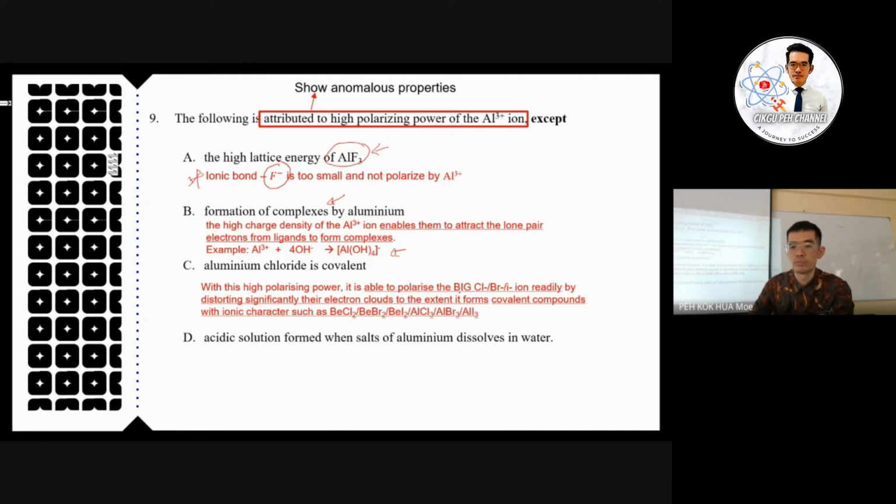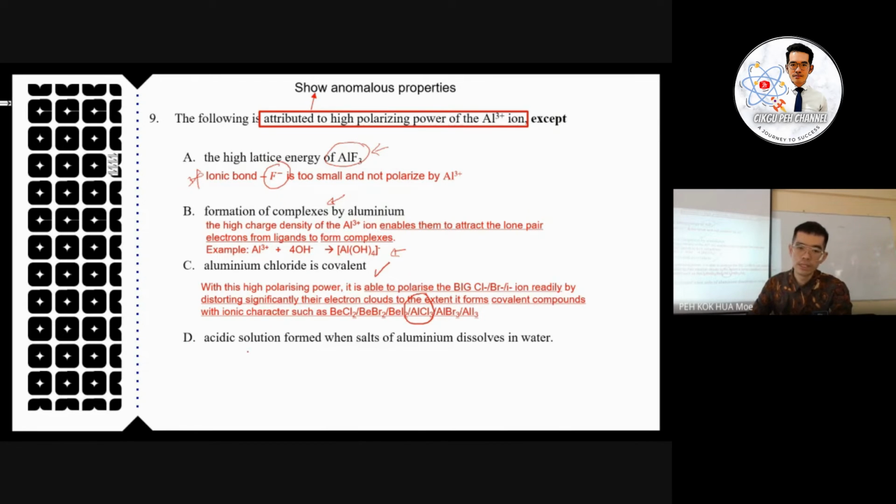So it is able to polarize a big anion readily by distorting its electron cloud and form covalent bond with ionic character. So AlCl3 is one of the examples there. So this is also showing the anomalous property for the high polarizing power for aluminium 3+.